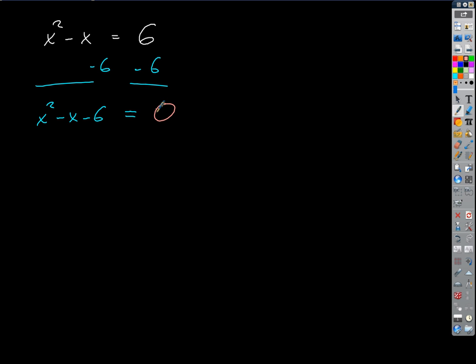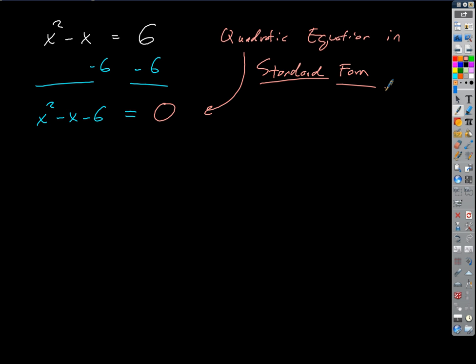Okay, so this is what we call a quadratic equation, not a function. It's an equation because it has an equal sign in it. Quadratic equation in standard form. I don't know why the book calls that other one general form.